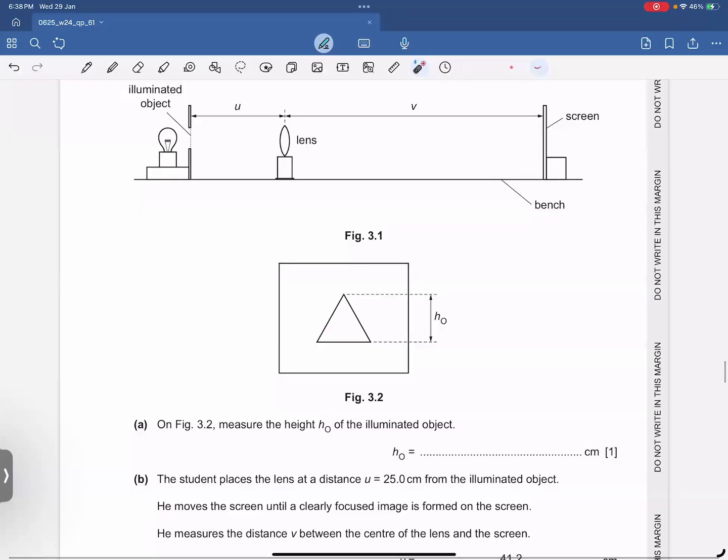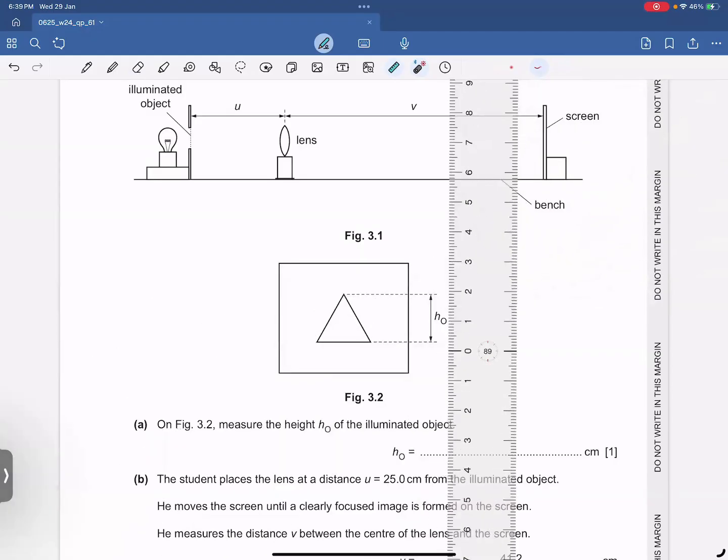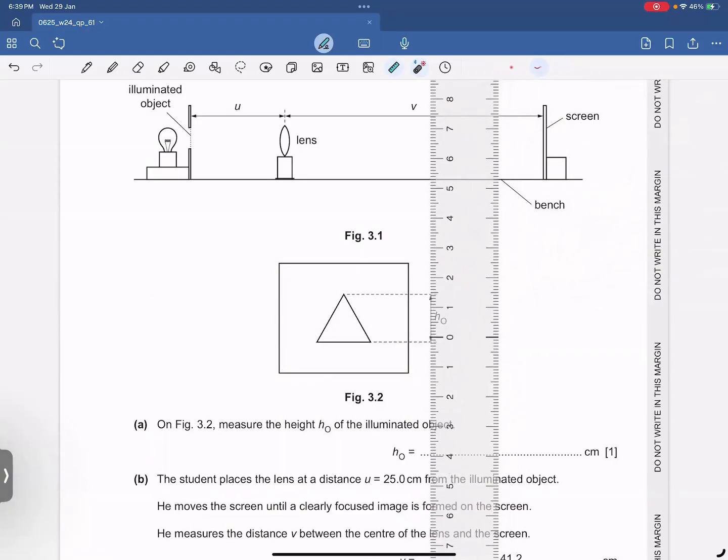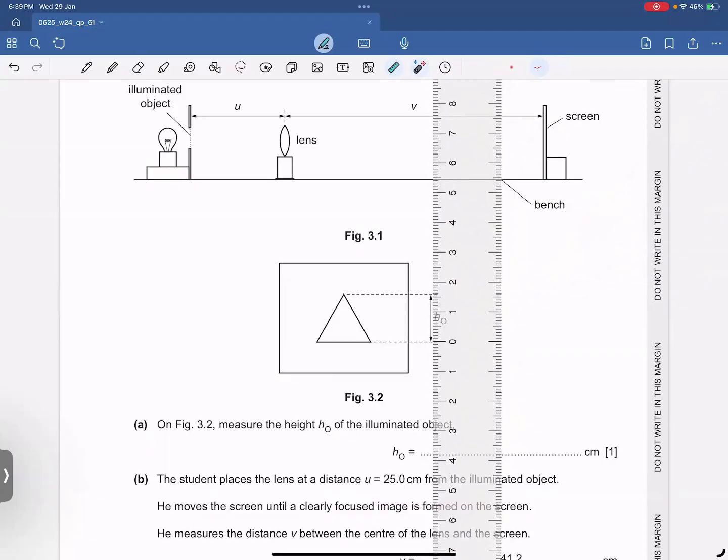So the first question, as you can see, is on the figure: measure the height h naught of the illuminated object. So you will take your ruler, you will measure this height. I have this paper printed with me to the scale. So when you use the ruler like that, you place it and you can read 1.6.